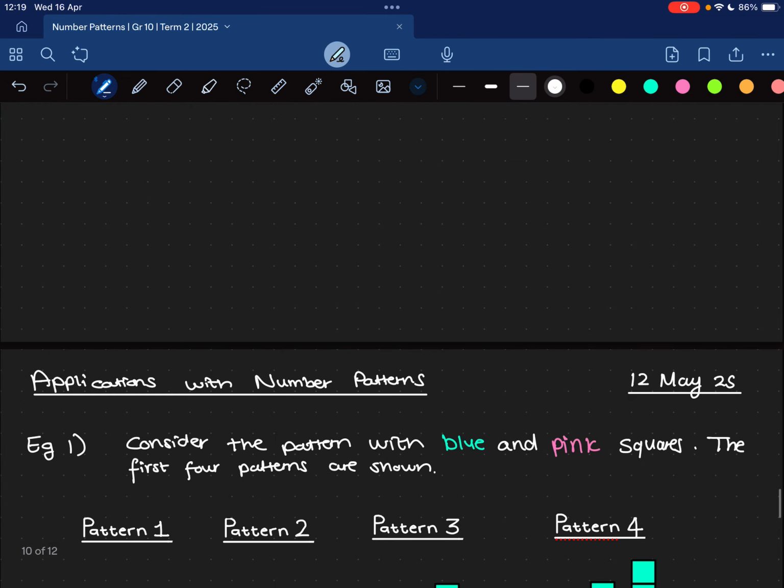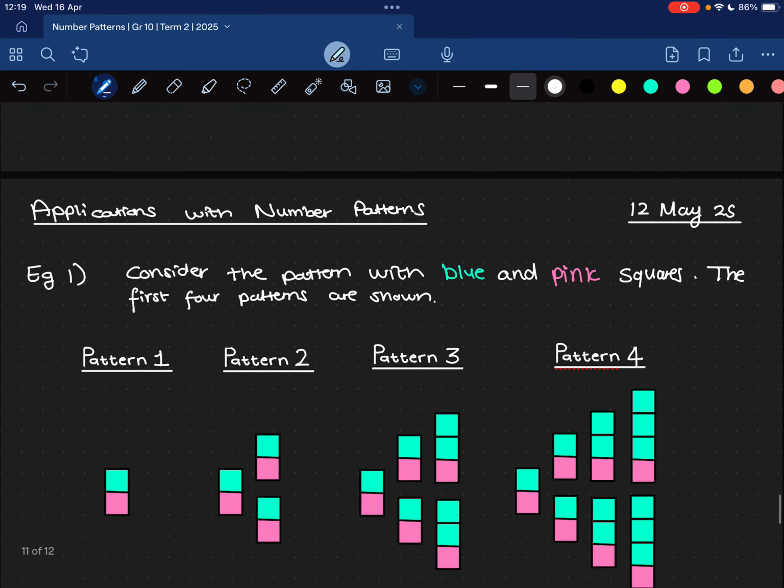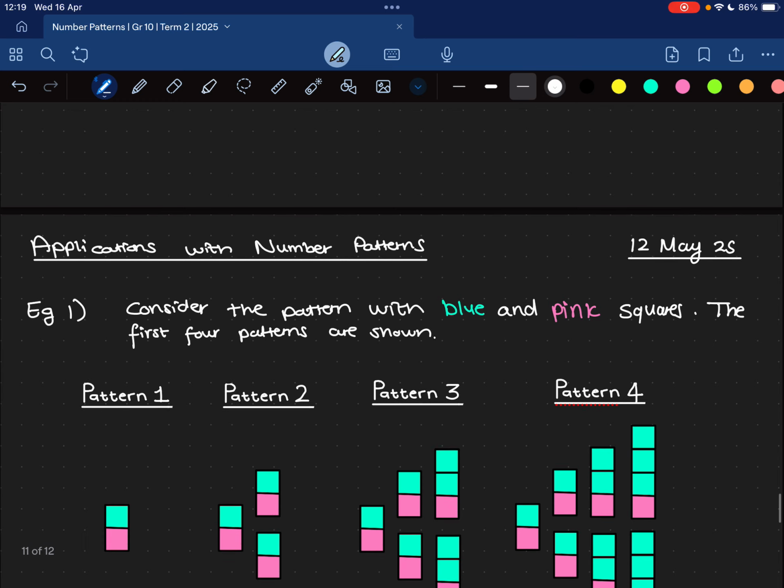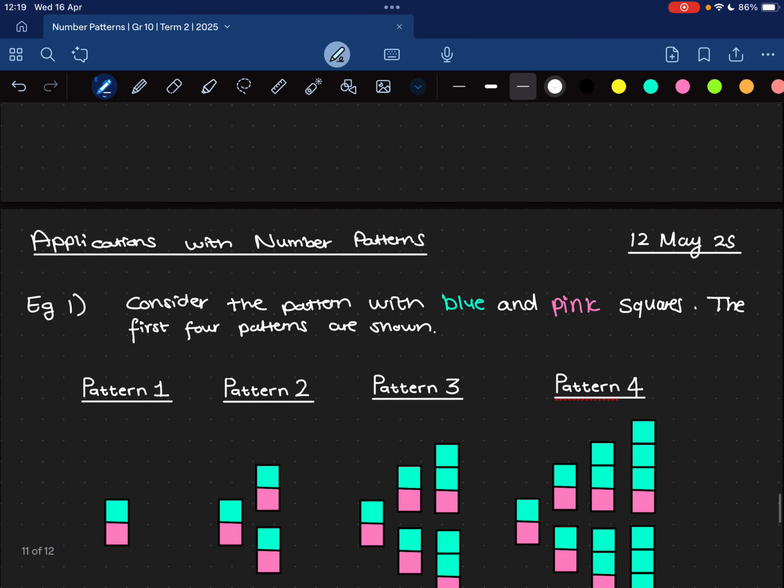Okay, then you can write the date, which will be the 12th of May, and the heading is applications with number patterns. Applications with number patterns is basically the level 3s and the level 4s of these number patterns. So this is now where we take everything that we've learned and start applying it to application-based questions.